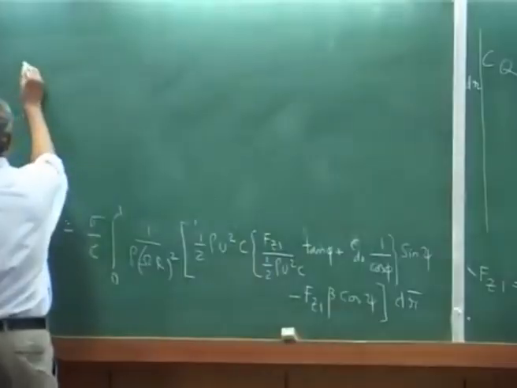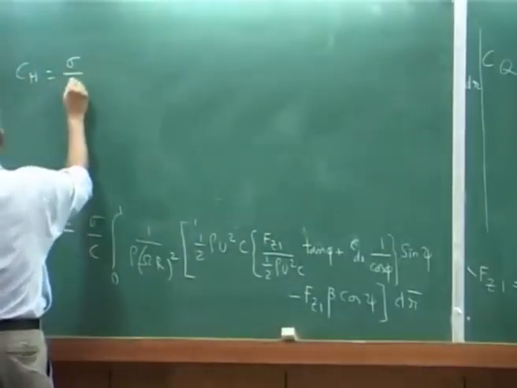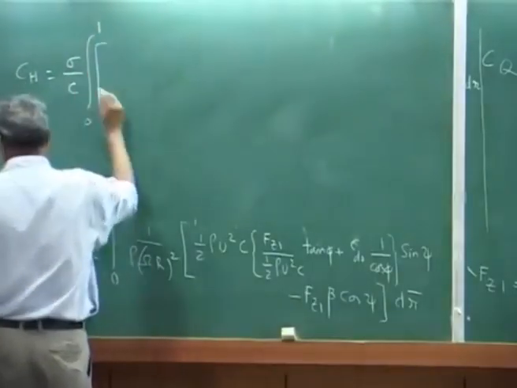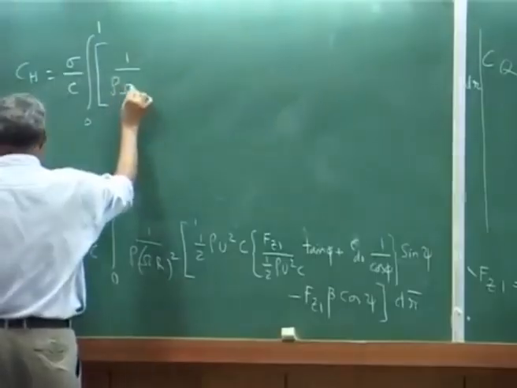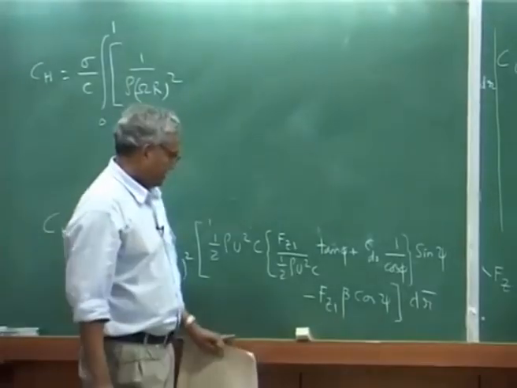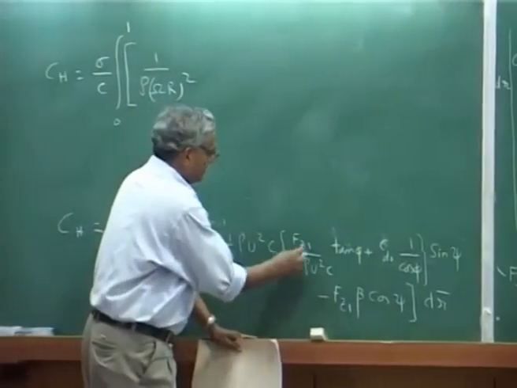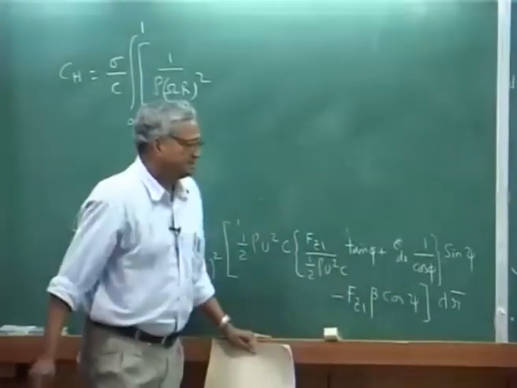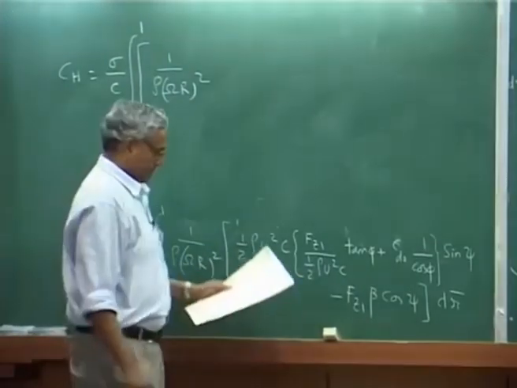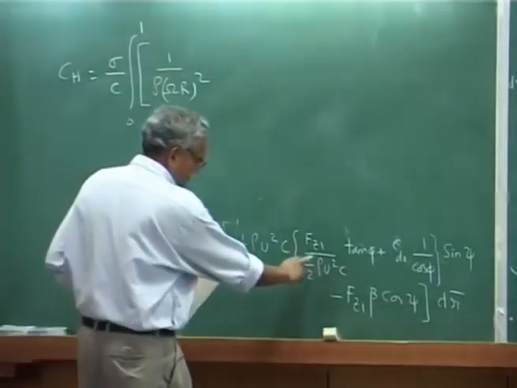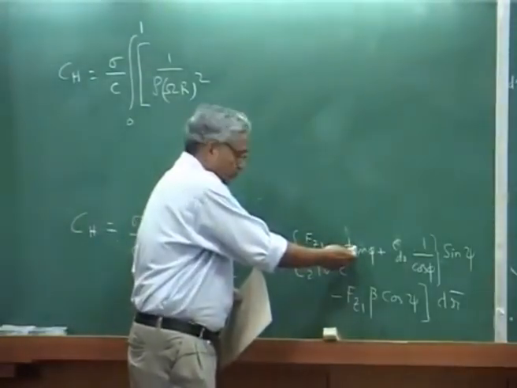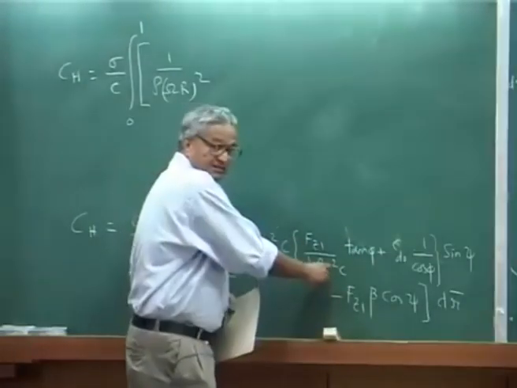This becomes C H is sigma over C, 0 to 1, 1 over rho omega r whole square. What you do is you take the f z terms. This tan phi is u p over u t. This will cancel with this.